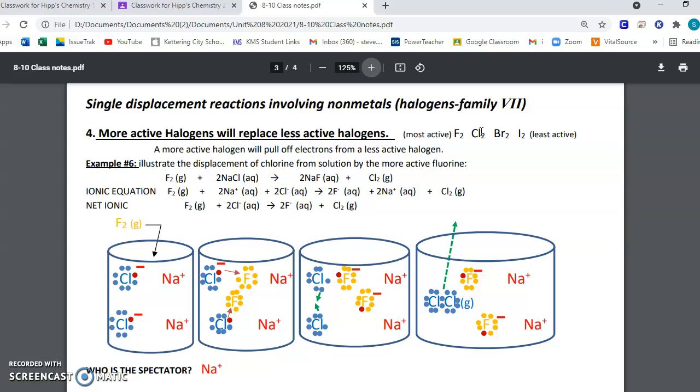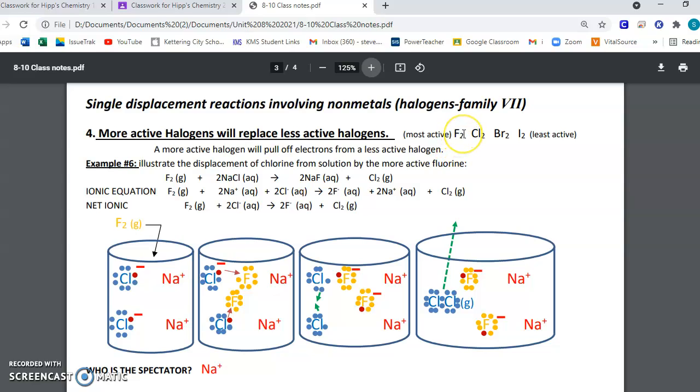Remember, halogens are looking for electrons. They're trying to become anions. The more active halogens are good at pulling electrons off the less active halogens so that they can get their 8 all by themselves, becoming a negative ion, an anion, and satisfy the octet rule.